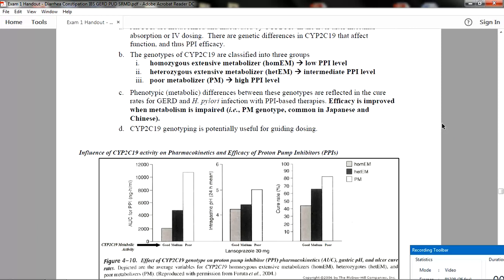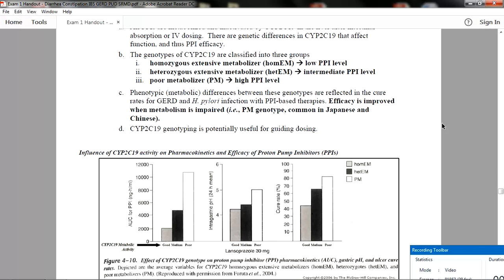There are genetic differences in CYP2C19, and the categories are homozygous extensive metabolizer, heterozygous extensive metabolizer, or poor metabolizer. Homozygous extensive metabolizer means you have two copies of CYP2C19 that are very active. Heterozygous means you have one copy that's very active, and poor metabolizer means you have two copies of very low activity.